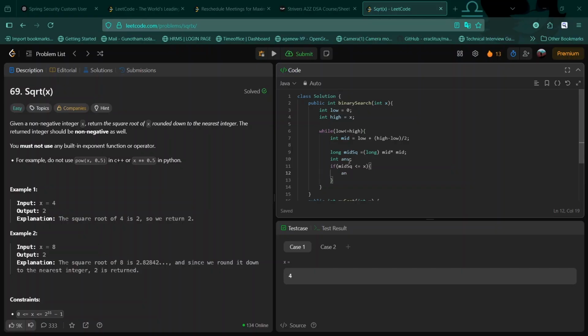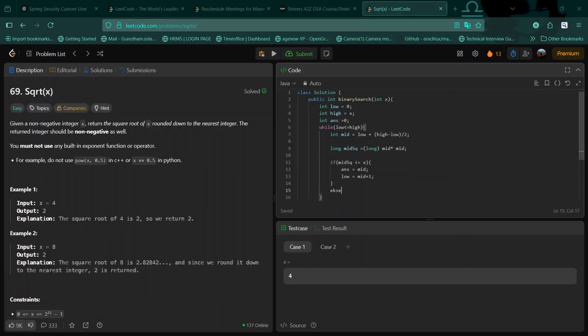Answer is equal to mid, and I will update the value of low equals mid plus 1.